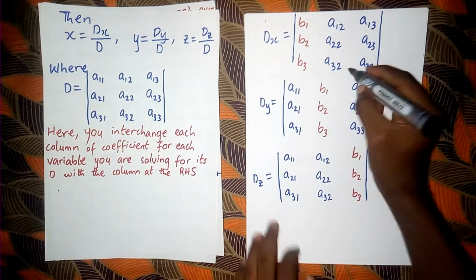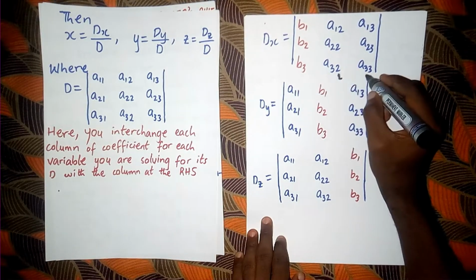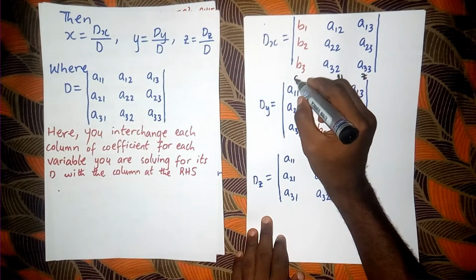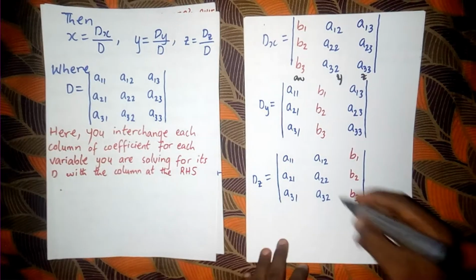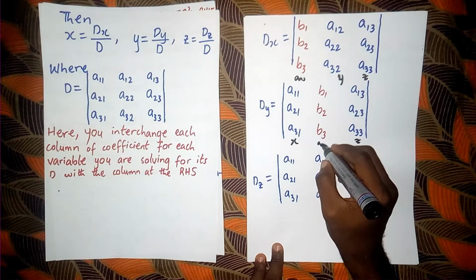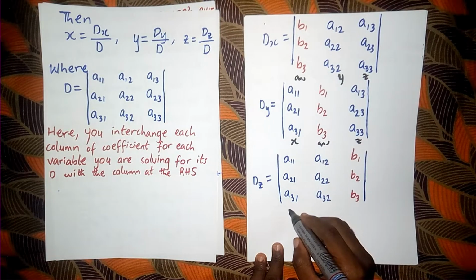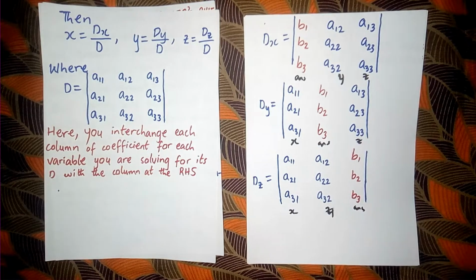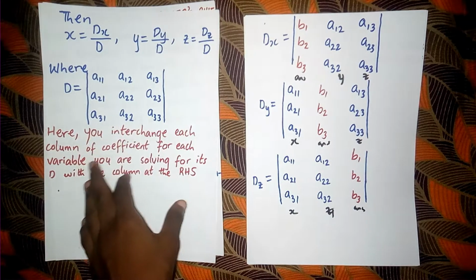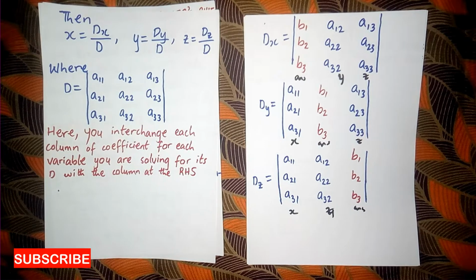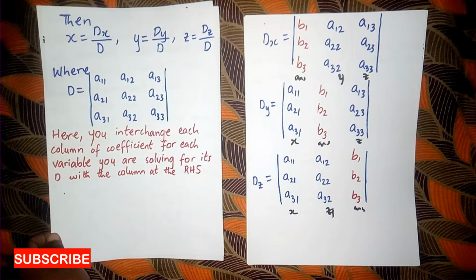So these are the constants of x, y and z, and these are the answers. Here you interchange each column of coefficients for each variable you are solving for with the column at the right hand side.